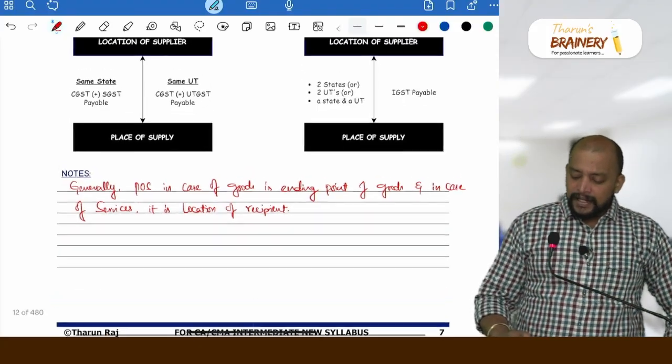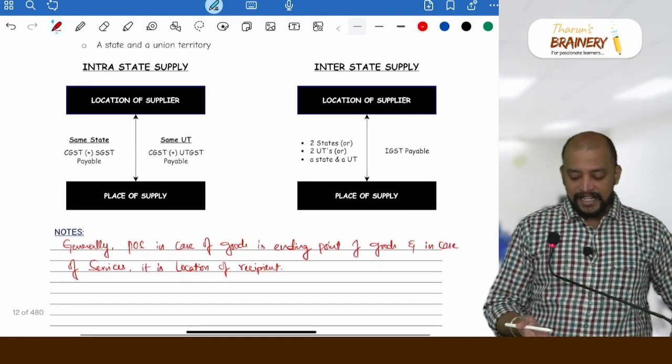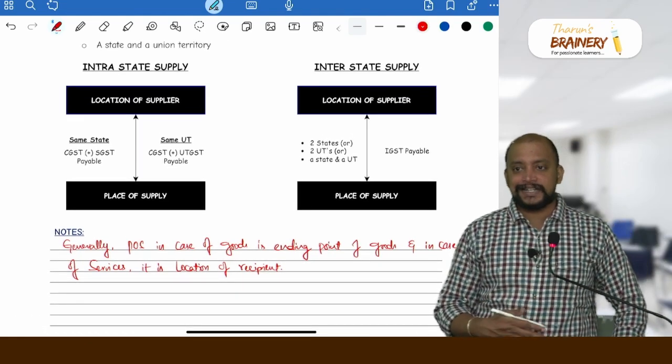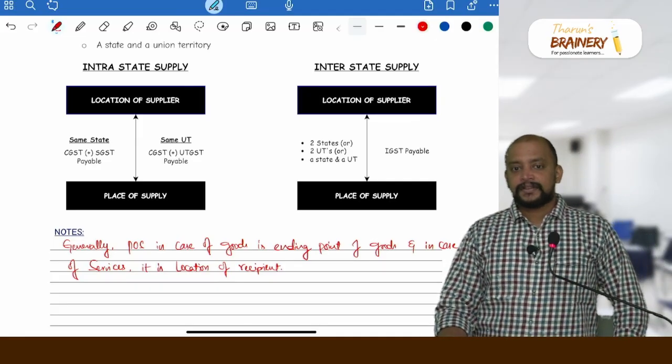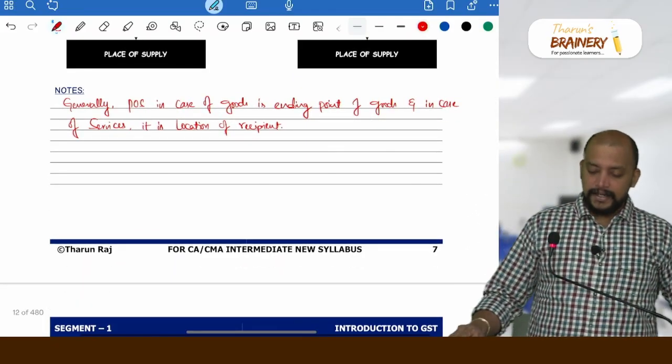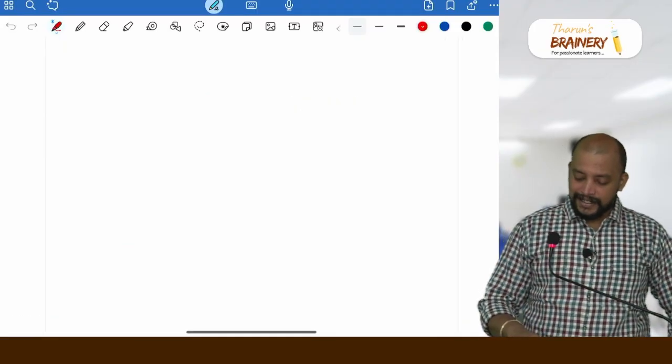Then tell me what are the union territories that we have, because if the supply takes place within union territory, also it is intrastate. What are the various union territories that we have? Try. I am just writing whatever union territories that you are telling.